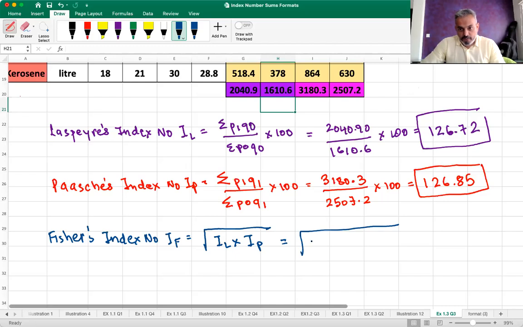Under root of 126.72 into 126.85, which is 126.78.